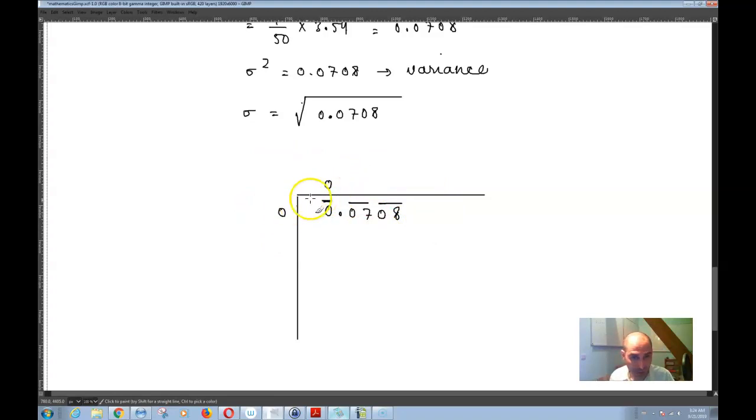It might have nothing to do with common sense or logic or anything like that. Then I put the decimal point here, and 0 plus 0 is equal to 0, and bring down this 0.7. Actually, you would have to subtract 0 from this. You would get a 0, and then bring down this 7.